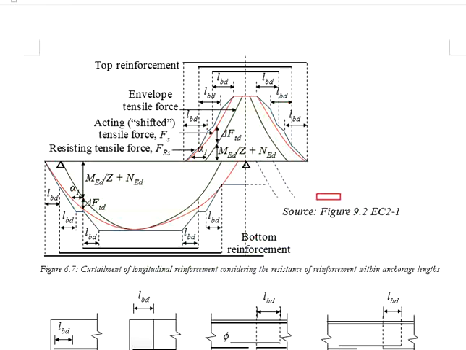Now, if you compare with the Eurocode model, there is an addition of the NED, which is the axial force acting onto the member. This NED can induce tension or compression to the member, which can result in positive or negative NED, leading to shifting of the MED per Z.